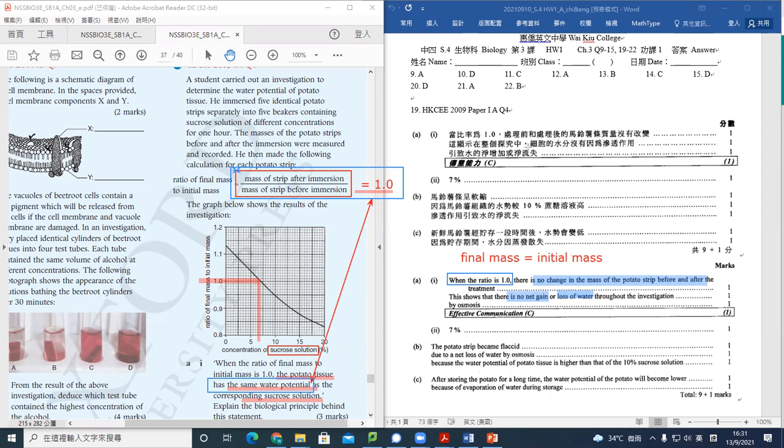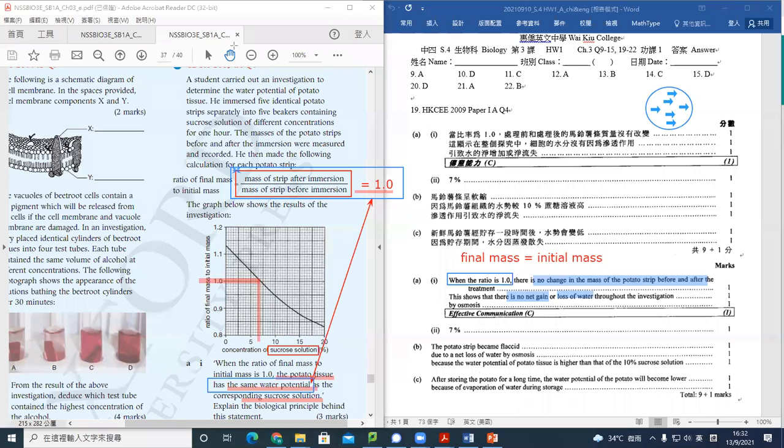Imagine, let me draw a cell to you, a very simple one. A cell here, a cell here. There are, let's say, this amount of water initially, and later there's no change. After 1 hour, there's no change in the amount of water inside.